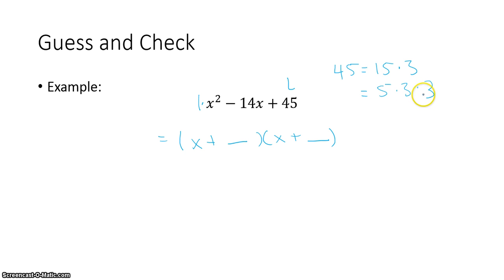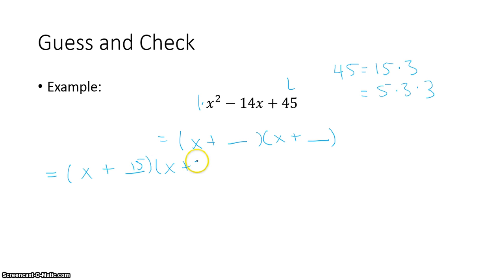So what I'm trying to do is, now that I've figured out what these numbers are, I want to take a guess and try perhaps 15 here and 3 here and see, does that work for me? So I'm going to step aside over here and we're going to take a guess. X plus, in the first blank I'm going to put 15 because that's 5 times 3, and that means the next one has to be 3.